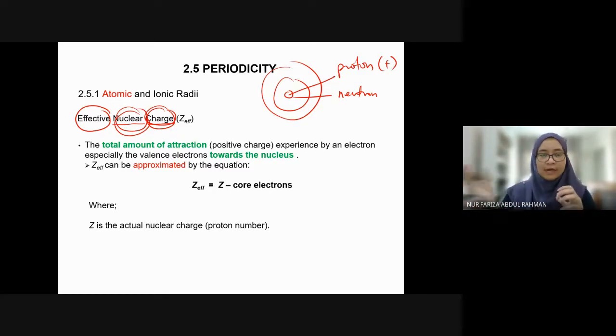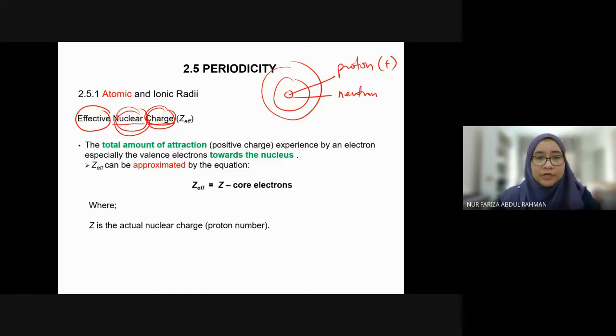Dia keluar, dia masuk. So this will determine the properties ataupun the behavior of the atoms of that particular elements. So nuclear charge means the nucleus charge, whereas the effective nuclear charge is the charge experienced by the electron, the valence electron. To be specific, it should be valence electron.